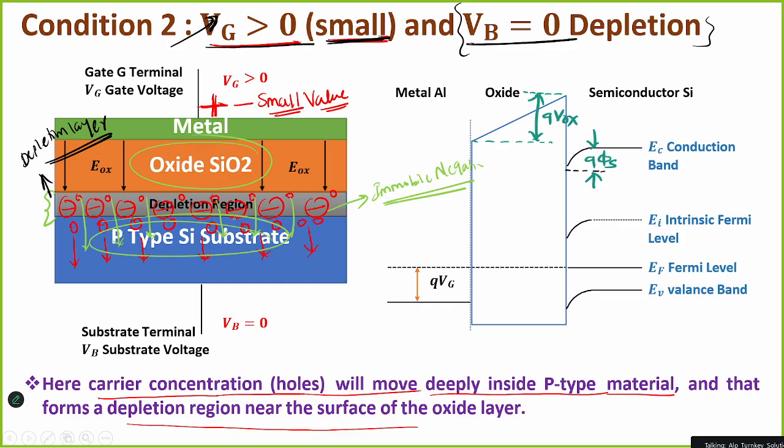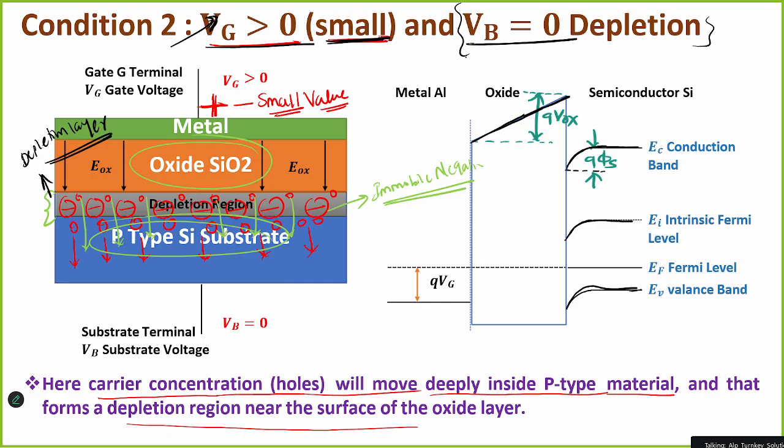So here, that means a depletion layer is formed. So this is Q into Vg, and here you will get a ramp, linearly increasing. Semiconductor-wise, more electrons are there, so the conduction band will bend down like this. The intrinsic Fermi level and the valence band also go down.